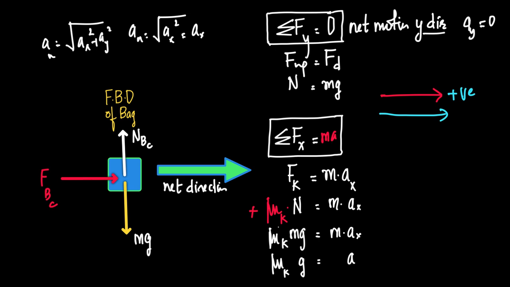Okay, so we have plus mu k into N, and N is equal to mg. Now what is N? N from this equation is equal to mg. So mu k into mg is equal to m into ax. M by m is 1. So we have mu k into g is equal to a. So a is equal to mu k g is what we have.